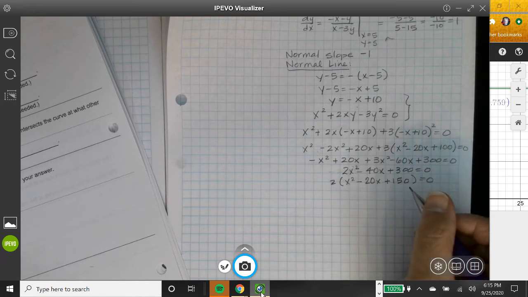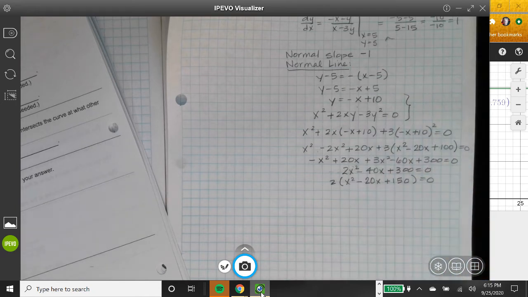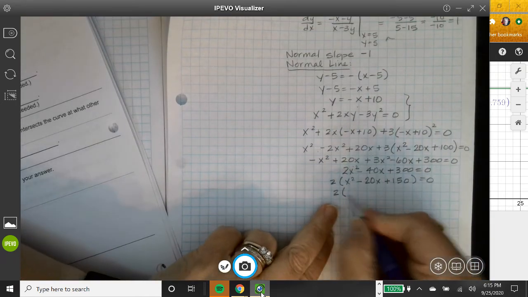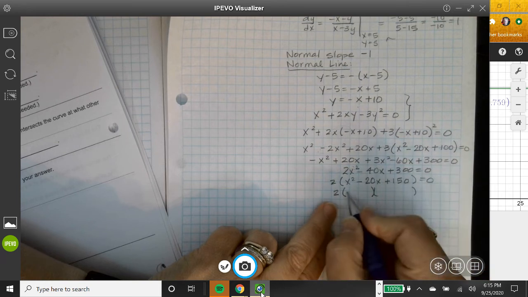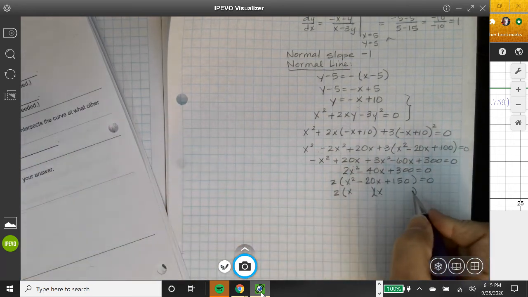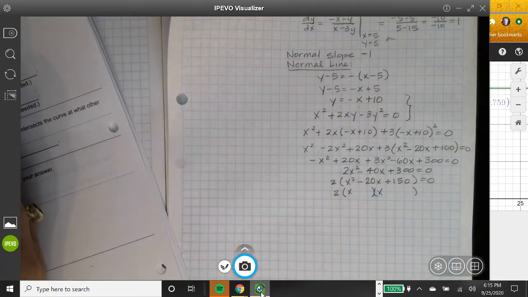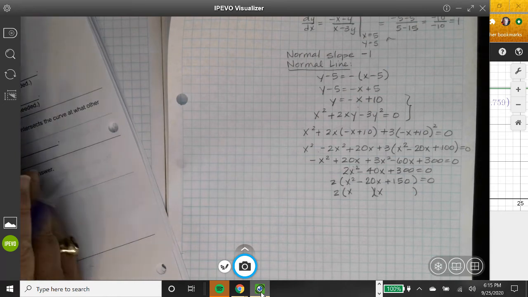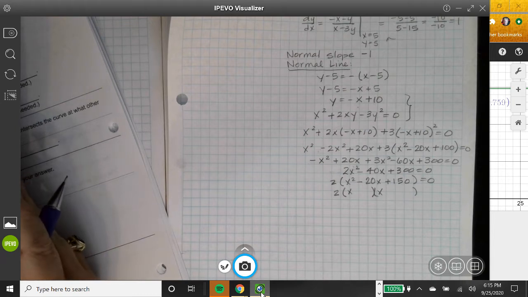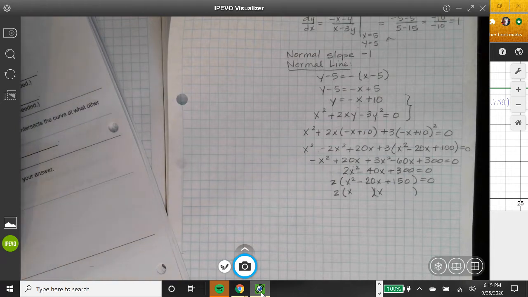The factors of 150 that might add up to 20. This would be 15 and 10, right? Or what else goes into 150? 30 does, right? 30 and 5 won't work. 150 divided by 25, 25 and 6 won't work.